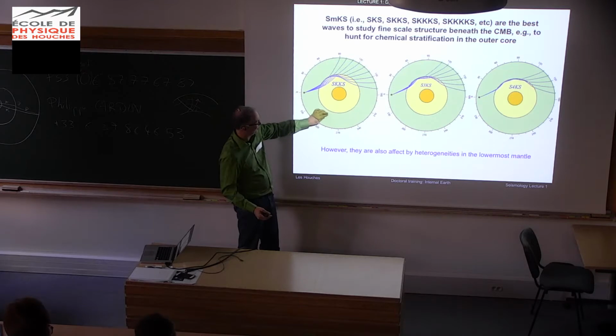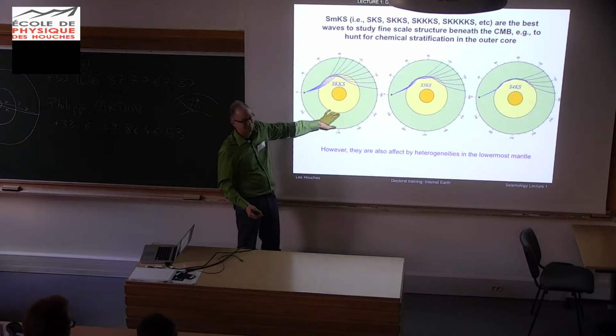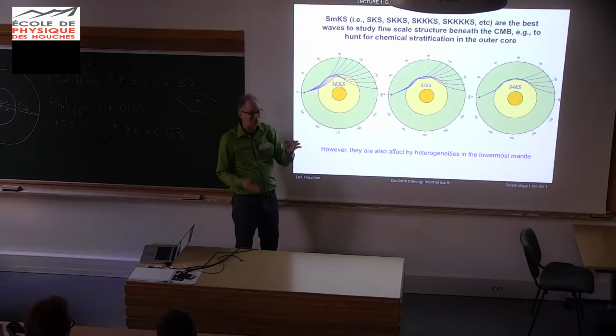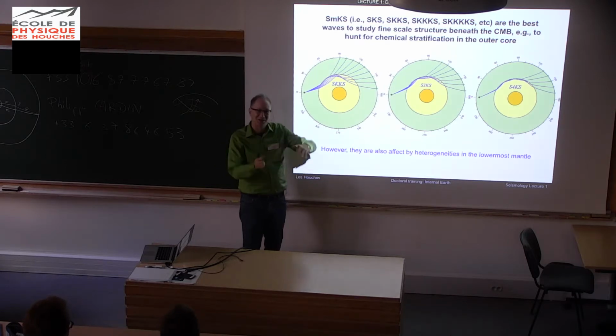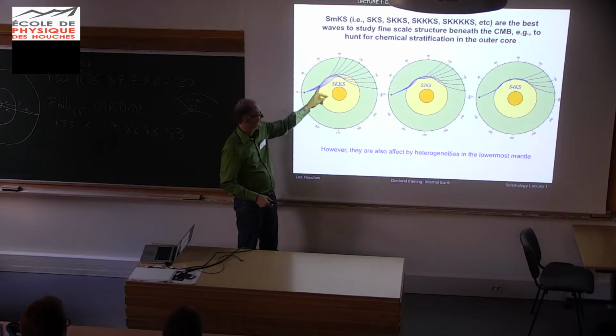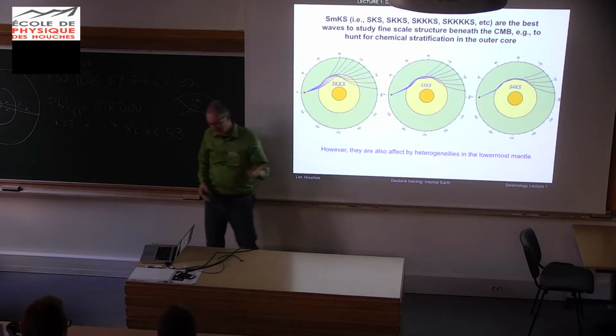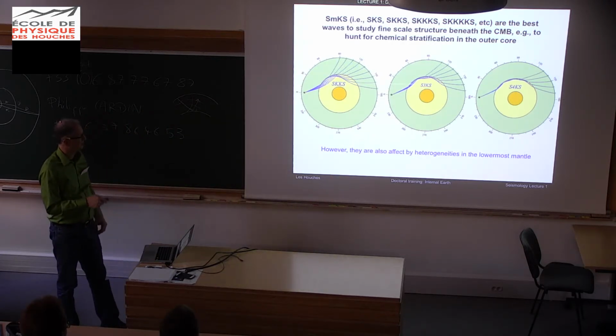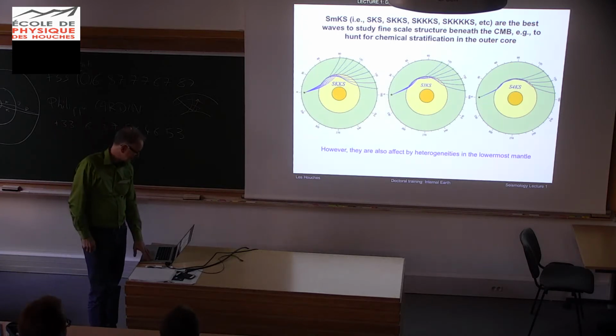There's heterogeneity for sure, but when you get to the bottom, it's strong. That's way stronger than anything deeper down. So that's got to change. Remember, if the velocities change, the ray paths bend accordingly, and so that's going to change the nature of those waves. But anyway, these guys are great. They're really fun to study, and yes.